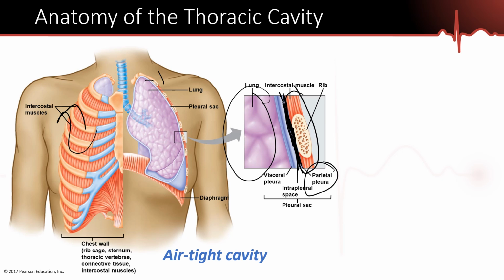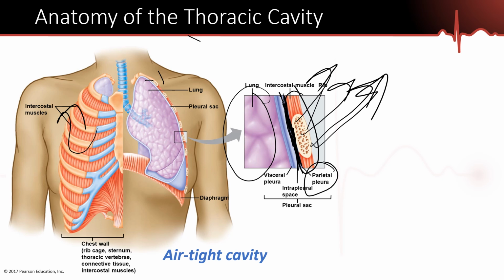The chest wall, which is made up mostly of the ribs and the external intercostal muscles, is moving up and out as you're breathing in. Well, if the parietal pleura is attached to the inside of the chest wall and the chest wall is moving up and out, clearly that's going to be pulling the parietal pleura up and out, because the parietal pleura is attached to the inside of the chest wall.